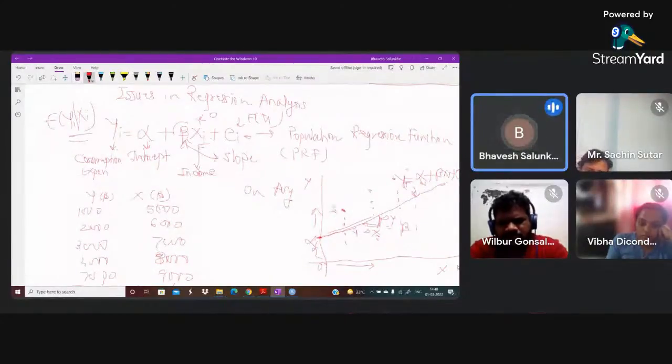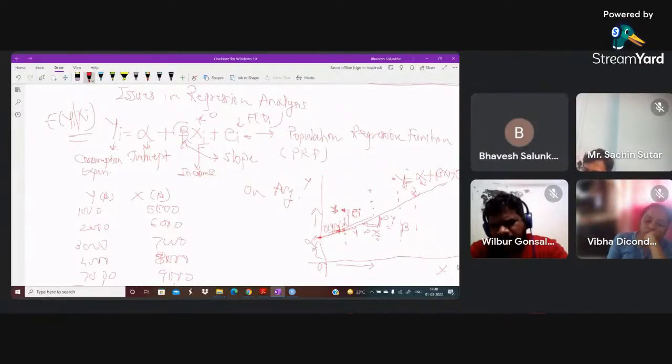These are the actual y's, and these are the expectation of y given x. So these are the mean values, and this is the actual value. The deviation of actual from mean will give you e_i, which is the error. In short, for the sample, this is the predicted value and this is the actual value. For the population, this is called the error term e_i. There is no hat here because it is not based on estimation.